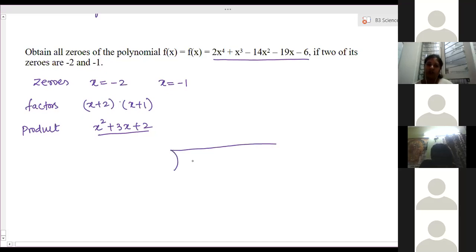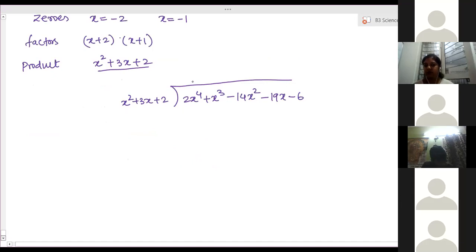So you have to divide 2x to the power 4 plus x cubed minus 14x squared minus 19x minus 6 by x squared plus 3x plus 2. Then you should get the remainder 0. And whatever quotient you get, that is another factor.